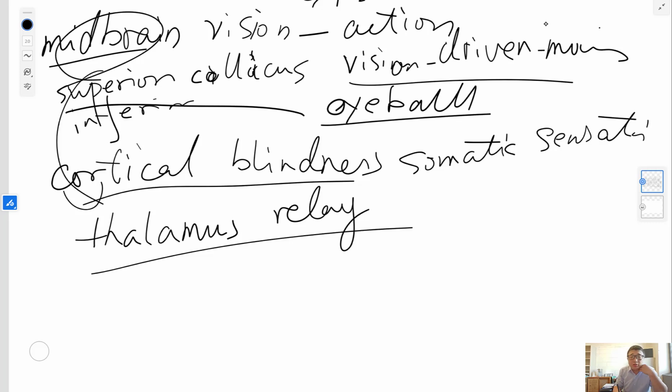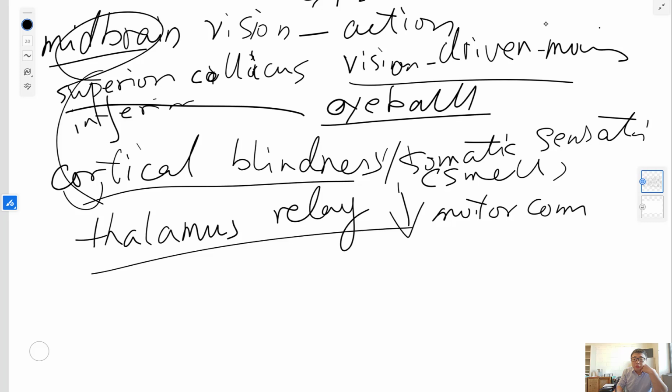That's it. It ends there. The thalamus relays all the somatic sensations except for smell up to the cerebral cortex, and also going down, all the motor commands. Here there are no exceptions. All the motor commands from the cortex going down have to go through the thalamus.